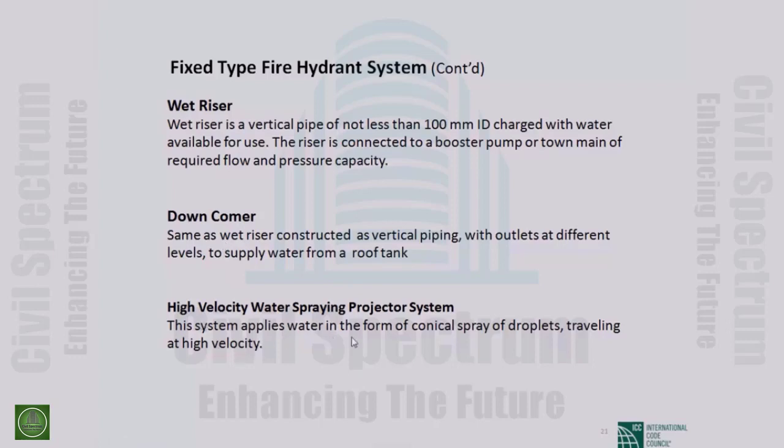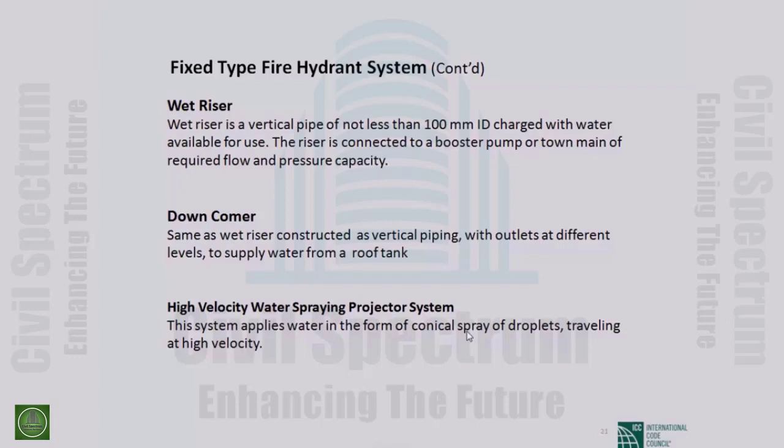Then for high velocity water spray, you may have some design where you need a high velocity water spray system. In that case, you need a special spray nozzle so that you can spray your area with small droplets at a high velocity. So you need some high pressure and you need a special nozzle to spray the area.